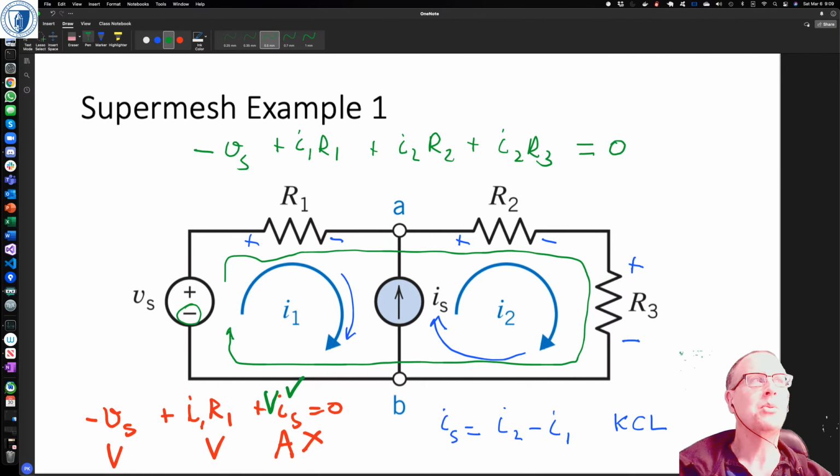But we don't know what that is until we've figured it out, until we've solved the circuit. Right? So try to remember, when you see that arrow in the source, that you can't figure out what the voltage drop across it is.